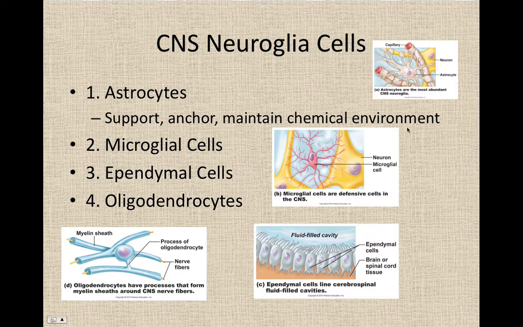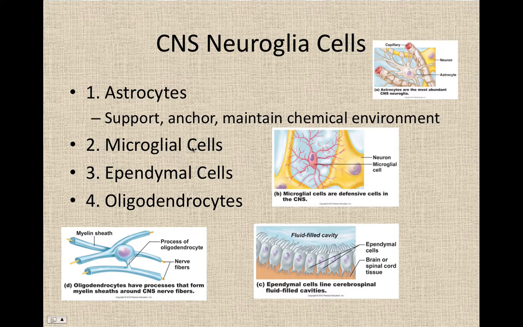And maintaining that chemical environment so that, again, you don't have too much or too little glucose in the system, that they maintain that blood-brain barrier, and they very closely monitor what can get into the environment with the central nervous system and what stays out.